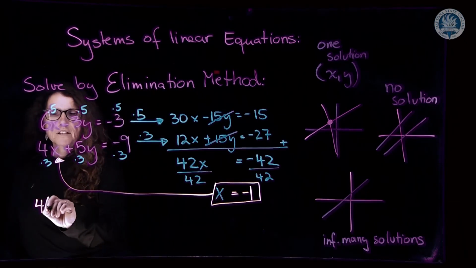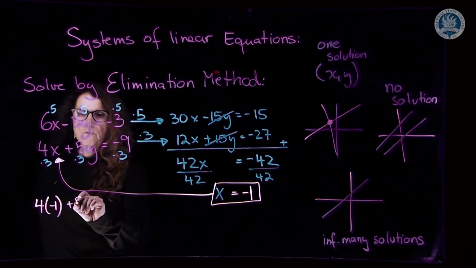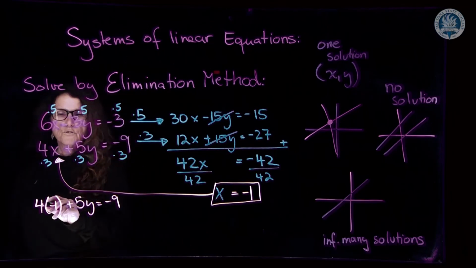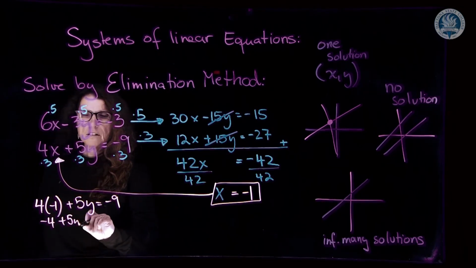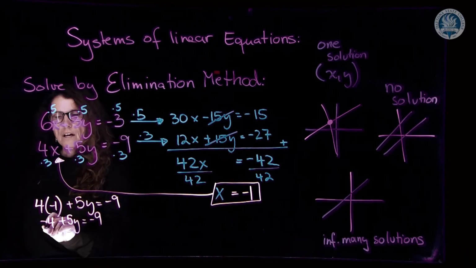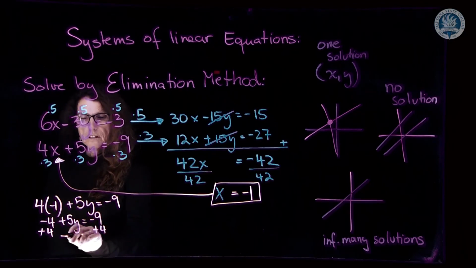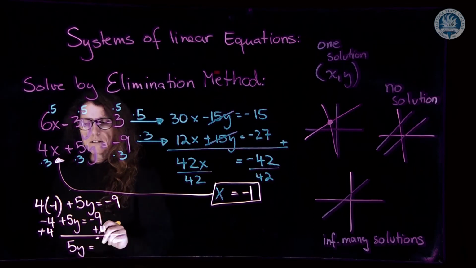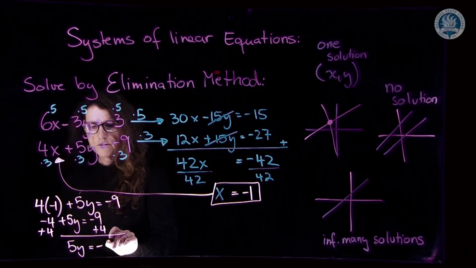4 times x, and x is negative 1, plus 5y equals negative 9. 4 times negative 1 is negative 4, plus 5y equals negative 9. Add 4 to both sides. 5y is equal to negative 9 plus 4, which is negative 5.